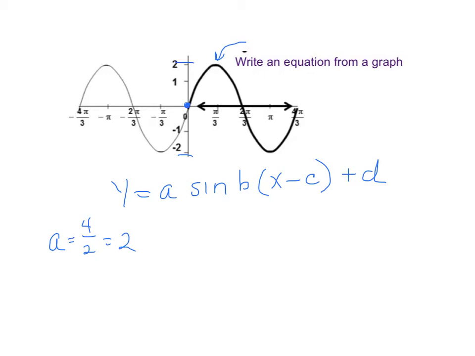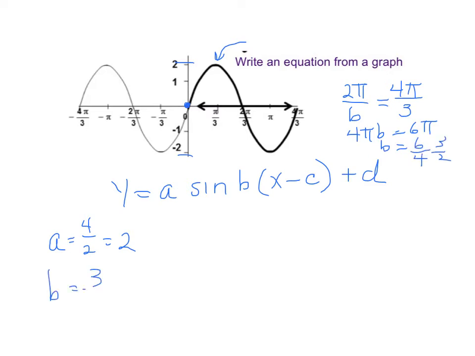Okay, b helps us find the period, right? So the period is 2 pi over b, and that's going to equal one entire period, which is 4 pi over 3. So we have 4 pi b equals 6 pi. b is going to be 6 over 4, which is 3 halves. So b is equal to 3 halves.